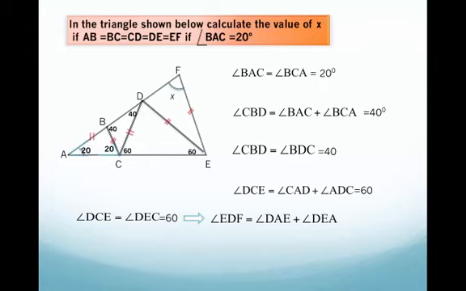By the same property, exterior angle is equal to sum of two remote interior angles. This is equal to 80 degrees. And therefore in triangle EDF, because DE and EF are equal, angle EDF is equal to angle EFD, which is equal to 80 degrees. And this is your answer. So X is equal to 80 degrees.